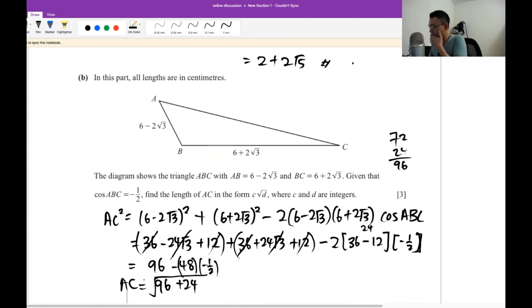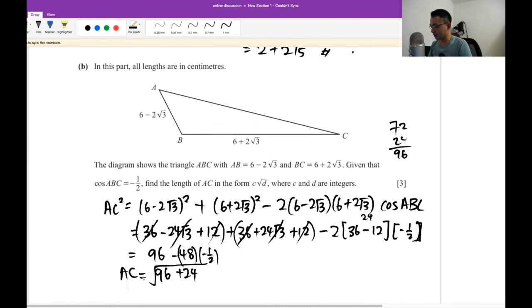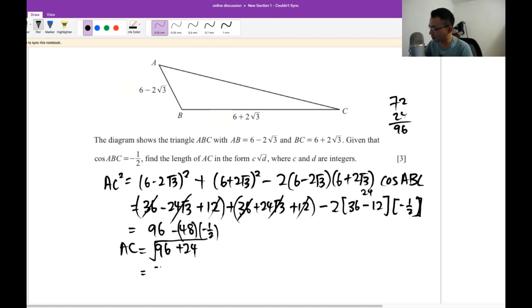But how come? Because we should get it in the square root form. Yeah, it's correct. So this one will be square root of 120. 120 we can simplify, right? We need to find some perfect square number inside the 120 here. So we know 120 can be divided by any perfect square number: 2 by 60, 2 by 30, 2 by 15, 3 by 5.